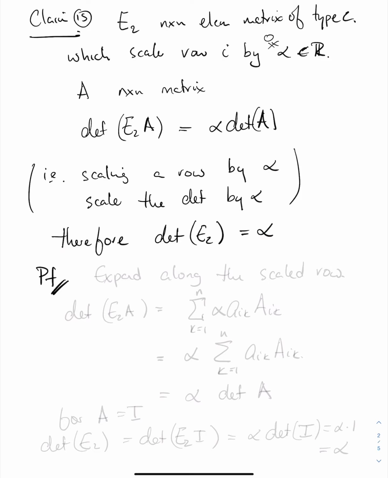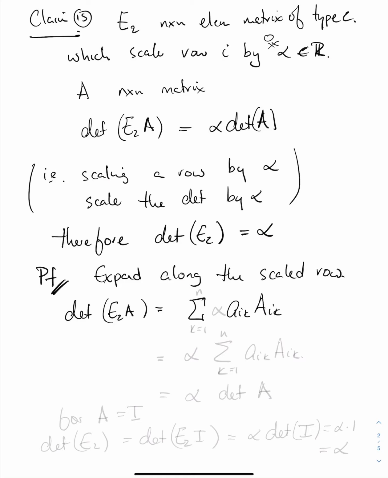Proof. We're going to find the determinant of E2A by expanding along the scaled row. The determinant of E2A is going to be the sum along the scaled row. So originally we would have a_ik times the cofactor A_ik, using the scaled row, which is the ith row.